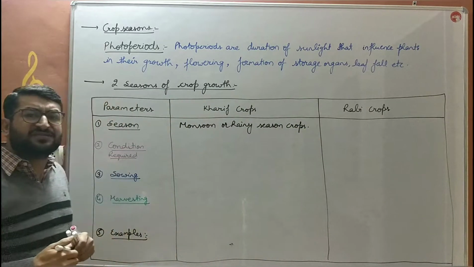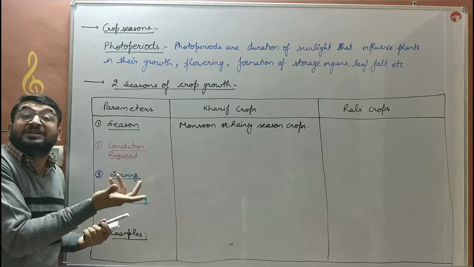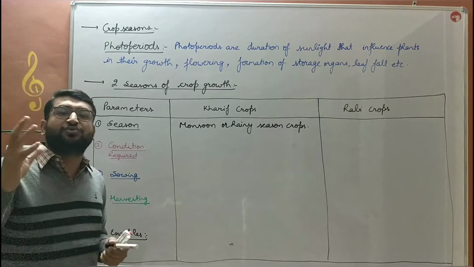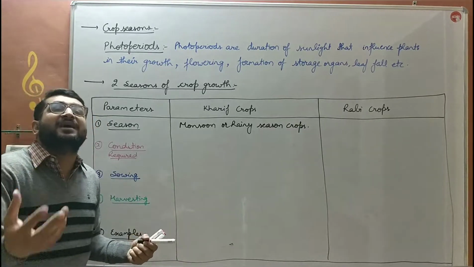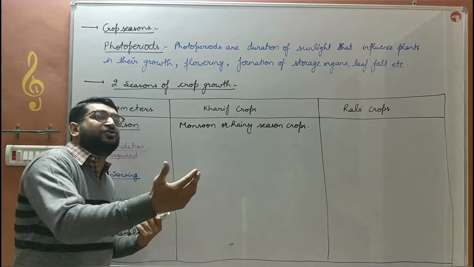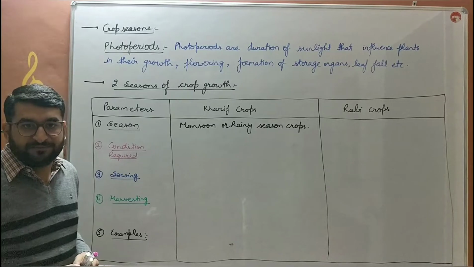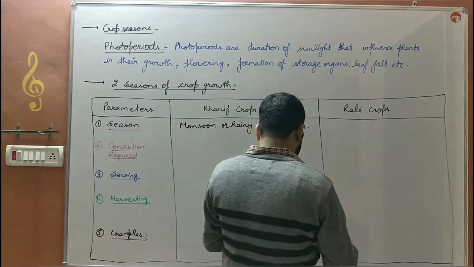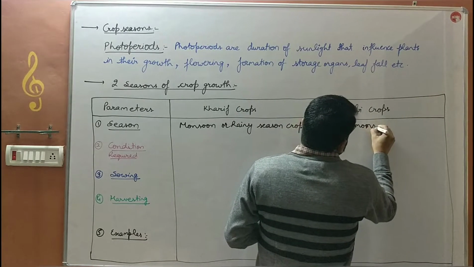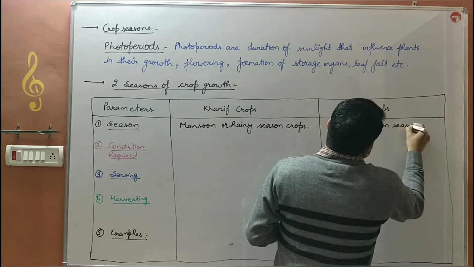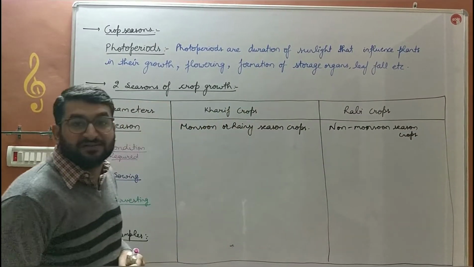They require continuous rains. So that's why the monsoon rains are there. The monsoon clouds rise from the coastal regions, southern areas of India, and then come to the eastern and northern parts to bring those monsoon rains. Rabi crops are non-monsoon season crops. They do not require those monsoon rains.